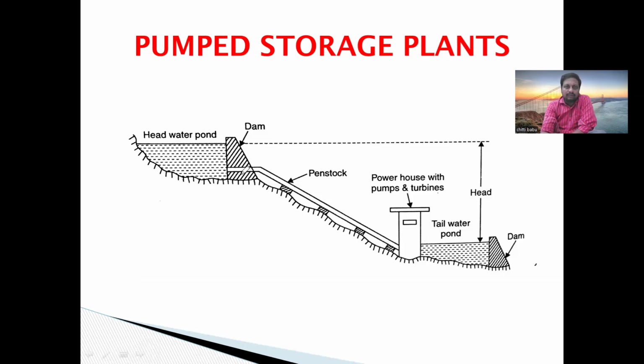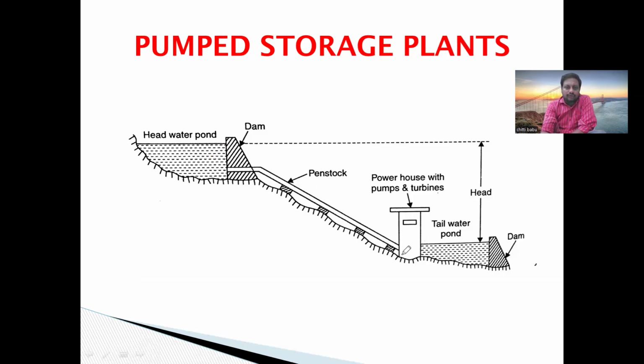So the concept of the hydropower plant layout is that the dam is constructed here for storing the water. From this, large diameter pipes will be there. Through these pipes, the water will be flowing from the penstock to the turbine.